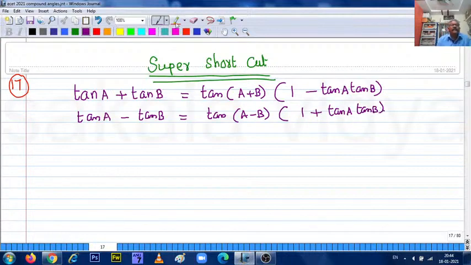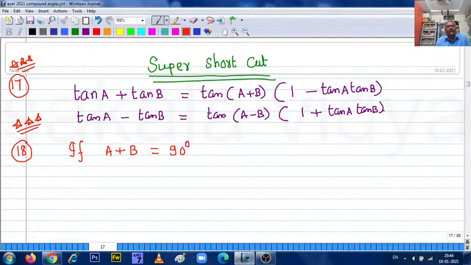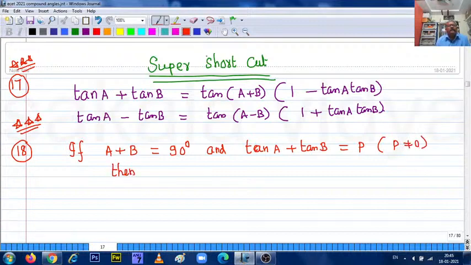And one more super shortcut, the 18th one. If A plus B equals 90 degrees, and tan A plus tan B equals P, where P does not equal 0, then one by one I will discuss.